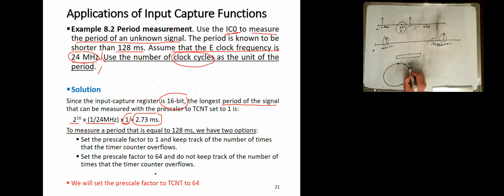For example, suppose this is your recorded time for the first edge, and this is the recorded time for the second edge. This is T1, this is T2. When you perform subtraction in binary, it is modulo subtraction. So when you subtract T2 minus T1, the subtraction is modular subtraction.